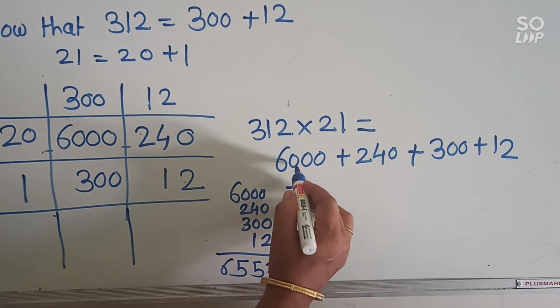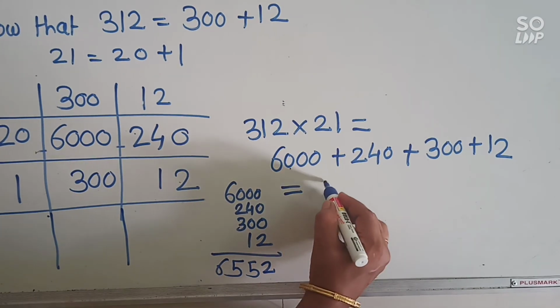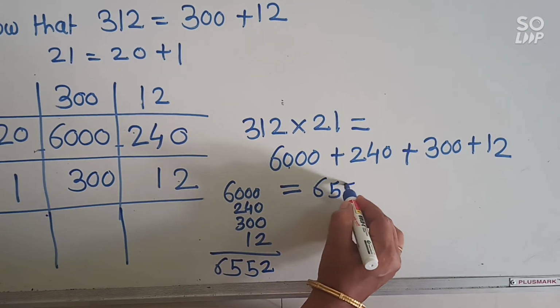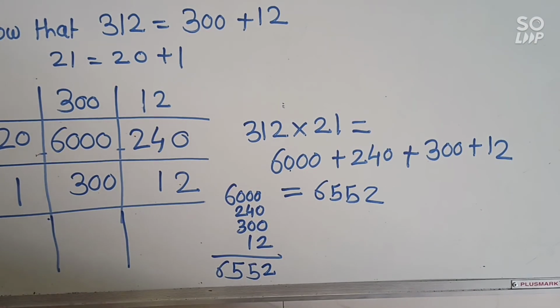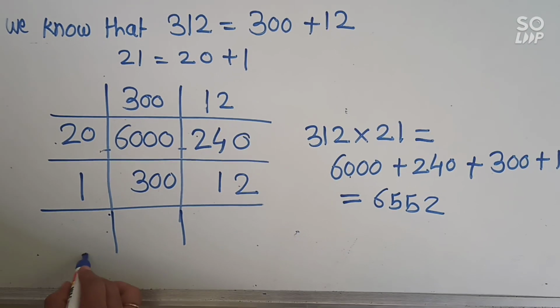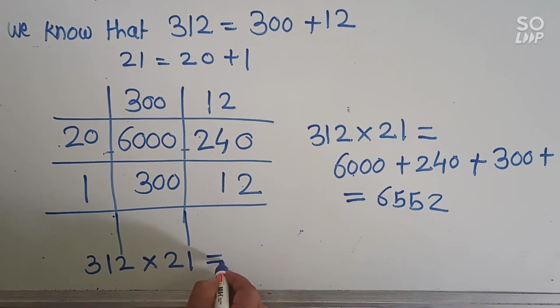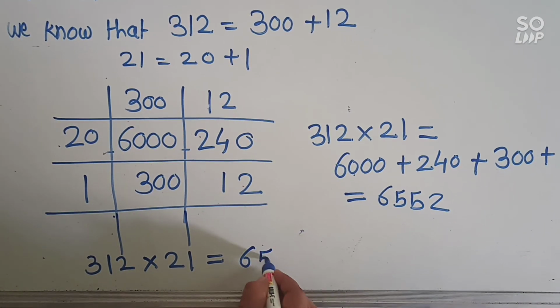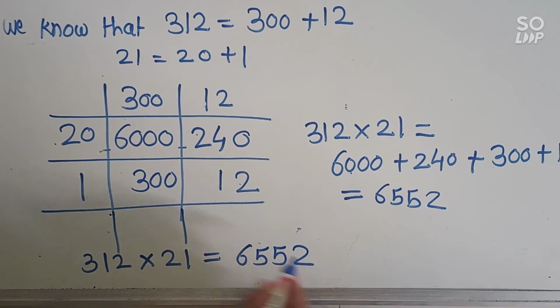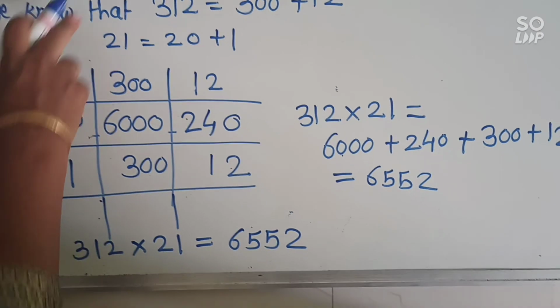So 6000 plus 240 plus 300 plus 12 is equal to 6552. Okay children, so 312 multiplied by 21 is equal to 6552. In this way you have to multiply using grids.